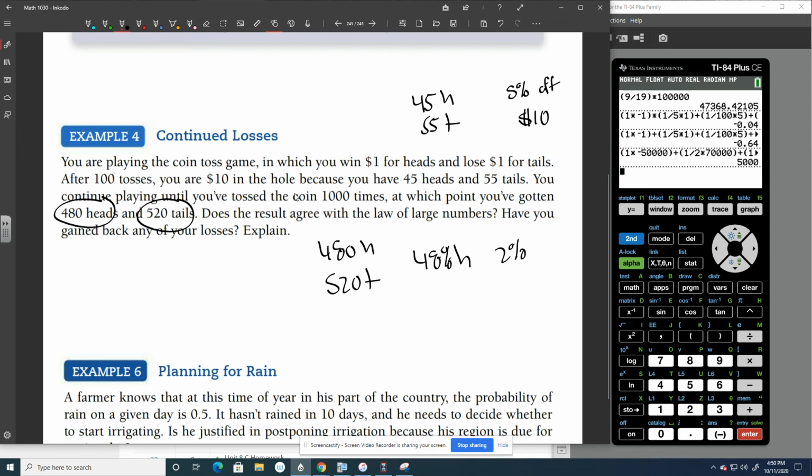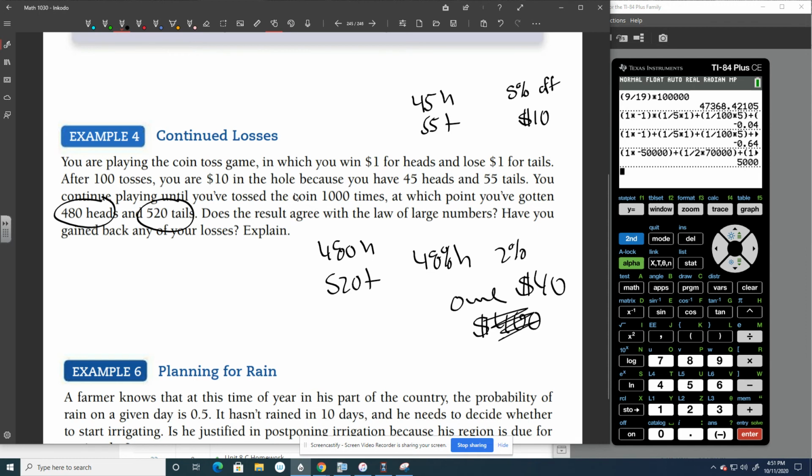But here's the problem. Now that you're at 480 and 520, now you owe $40. So even though you get closer to that 50-50, your number of bets has gotten a lot bigger. And here's where the gambler's fallacy gets them in trouble, okay?